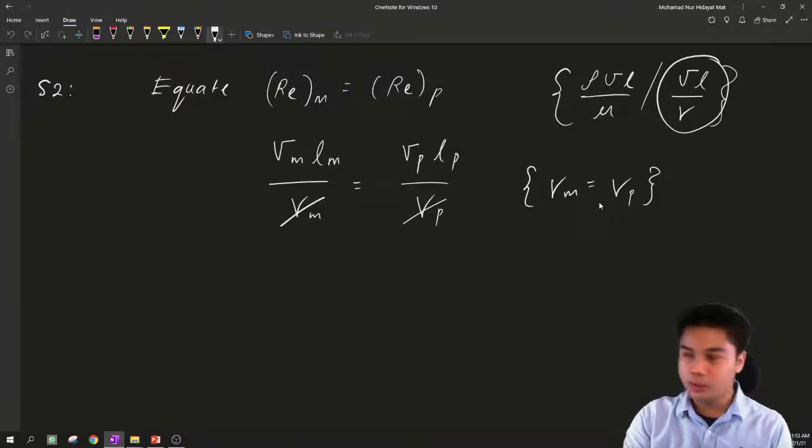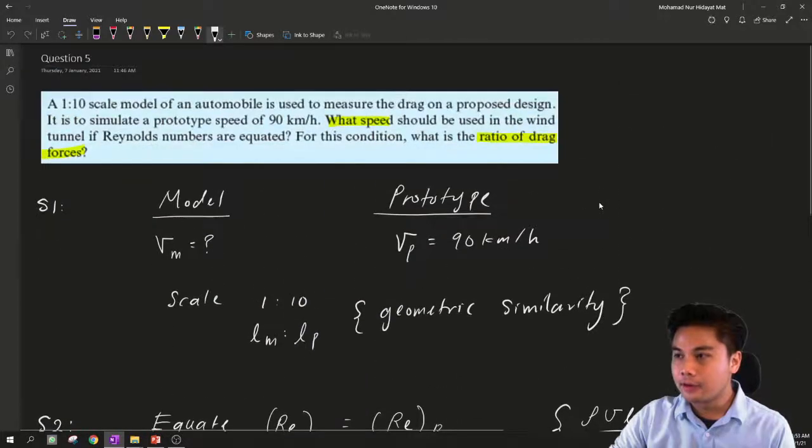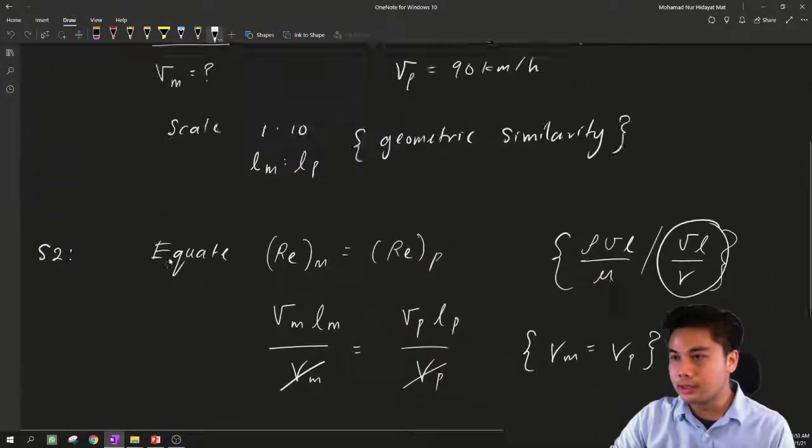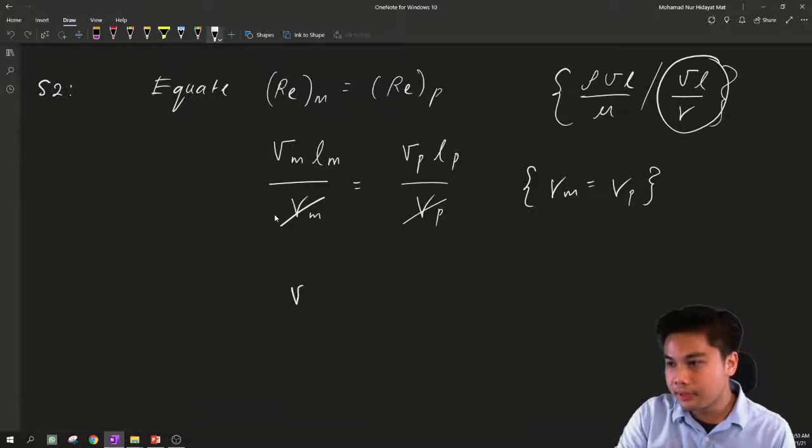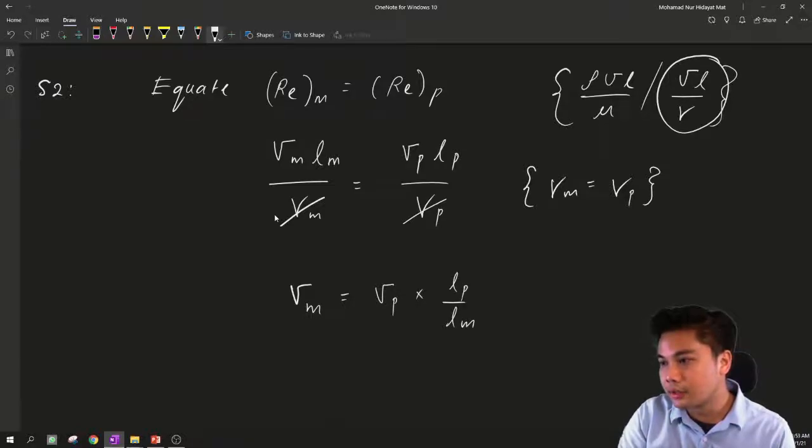From here we equate the velocity of the model, that's the question asked, Vm. So Vm is equal to Vp multiplied by Lp over Lm.